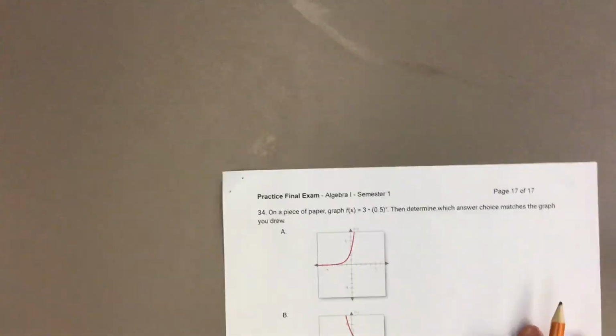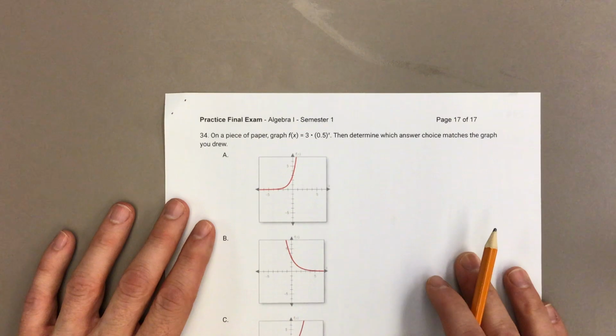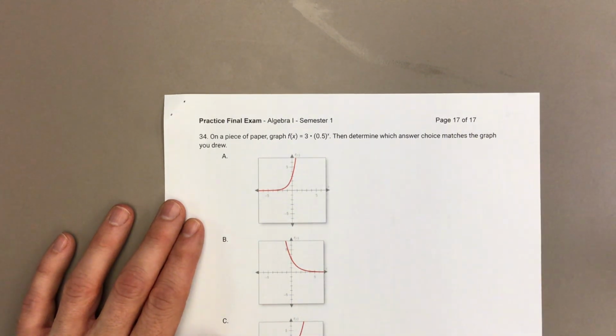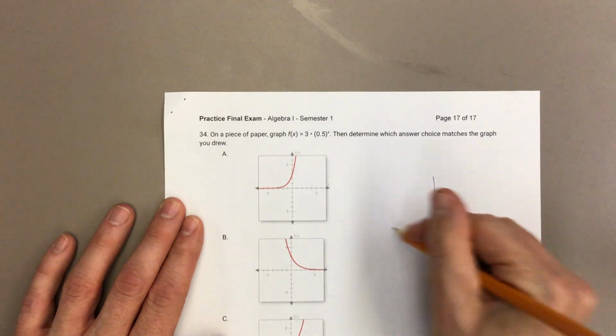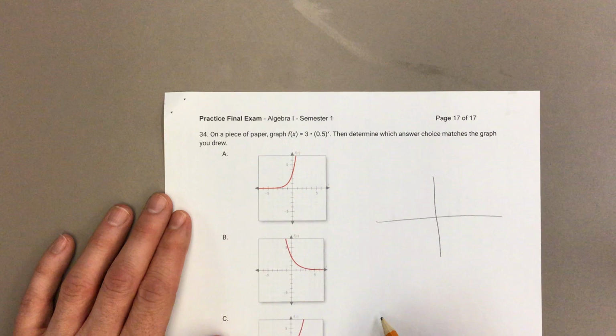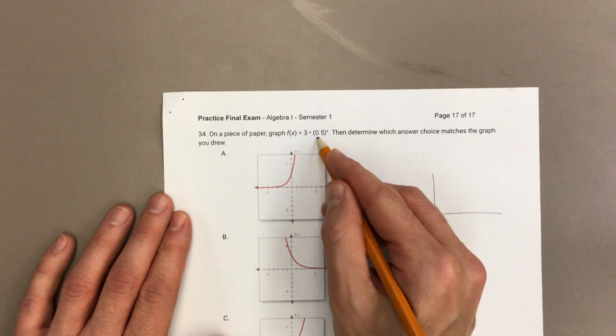And finally, on a piece of paper, graph this function. Then determine which answer most closely matches the graph. Okay, if you graph this, you can know a couple things. One, it's a decreasing function. This number is less than 1.